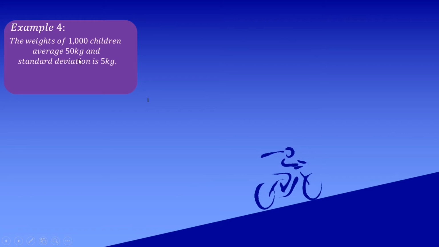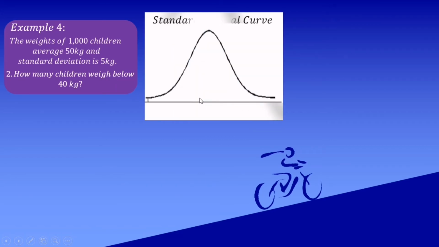Example number 4. So we have the same problem, but we are asking for how many children weigh below 40 kilogram. Again, gamit natin yung standard normal curve. Yan, these are the z-scores. And also we have the x values, 50 with the standard deviations of 5. Okay, yan ang ating x values or the raw score.